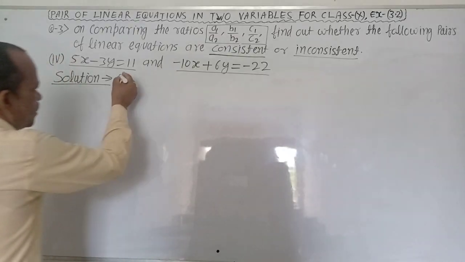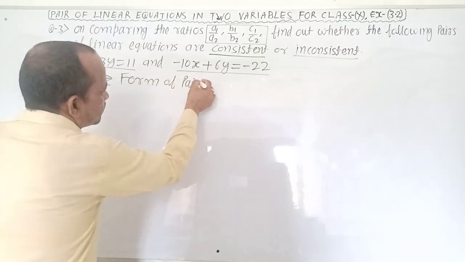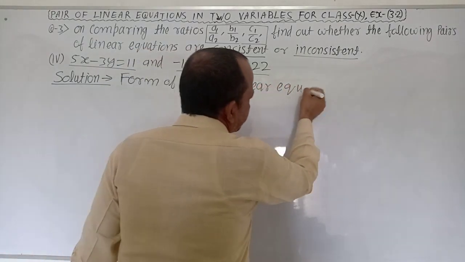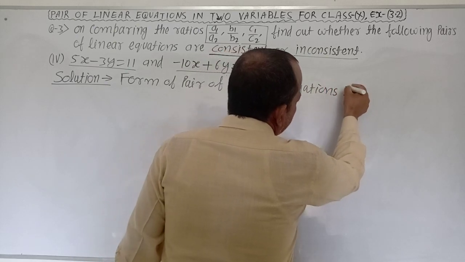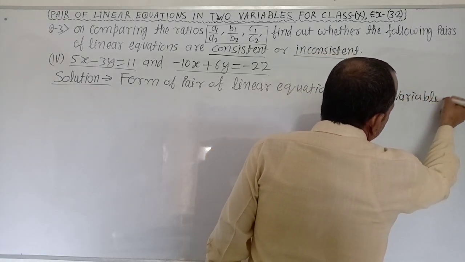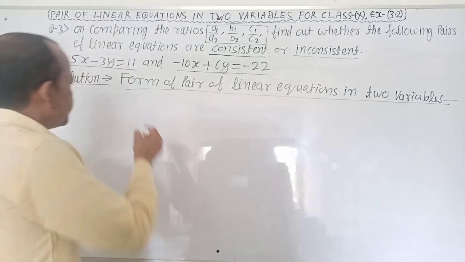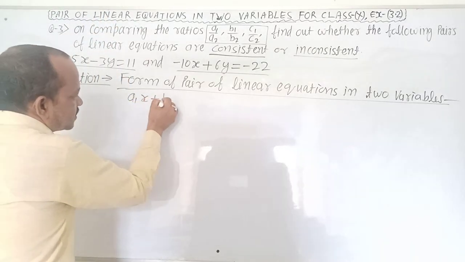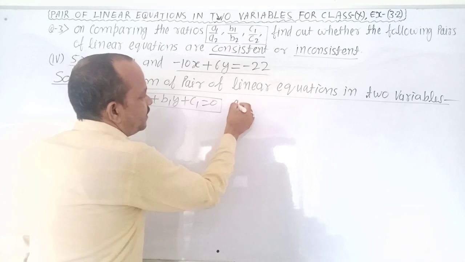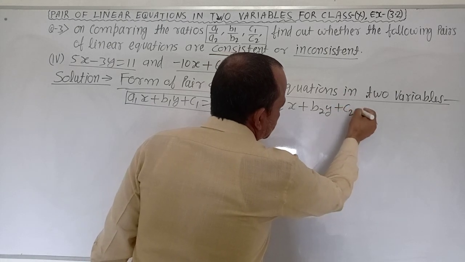Clear? See the form of a pair of linear equations in two variables. a1x plus b1y plus c1 equal to 0 and a2x plus b2y plus c2 equal to 0.